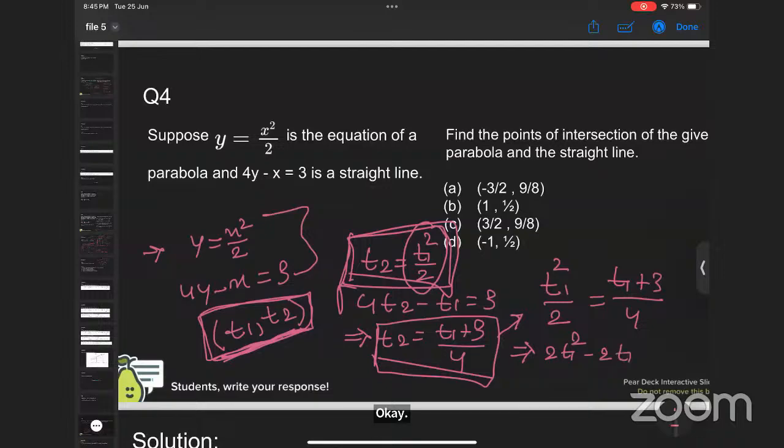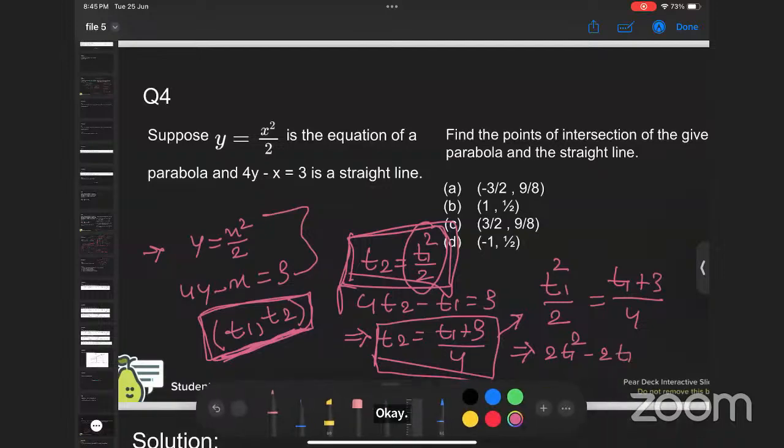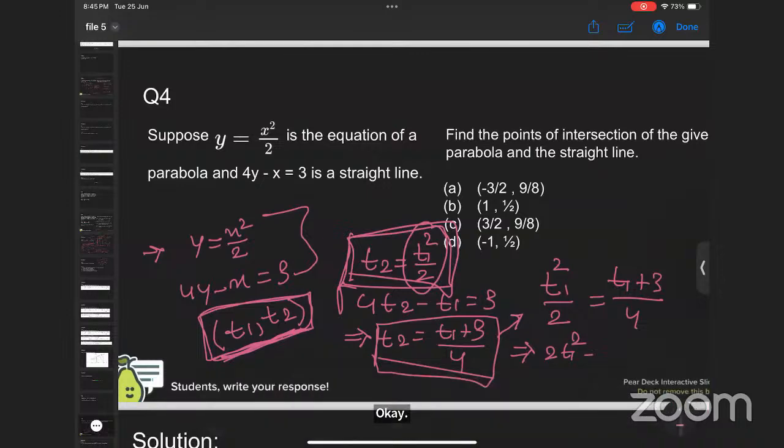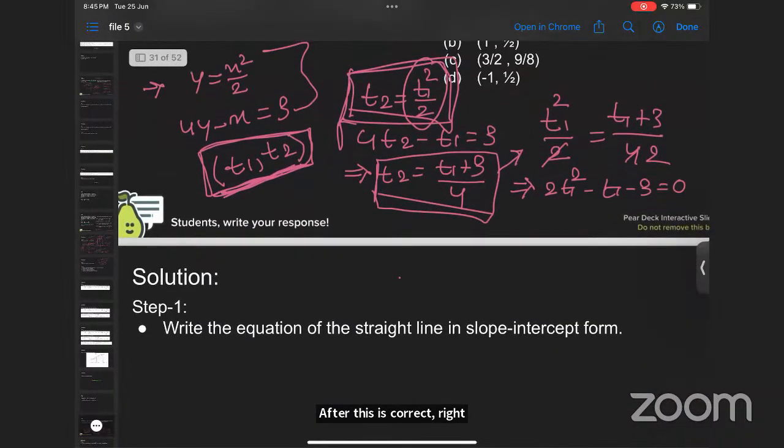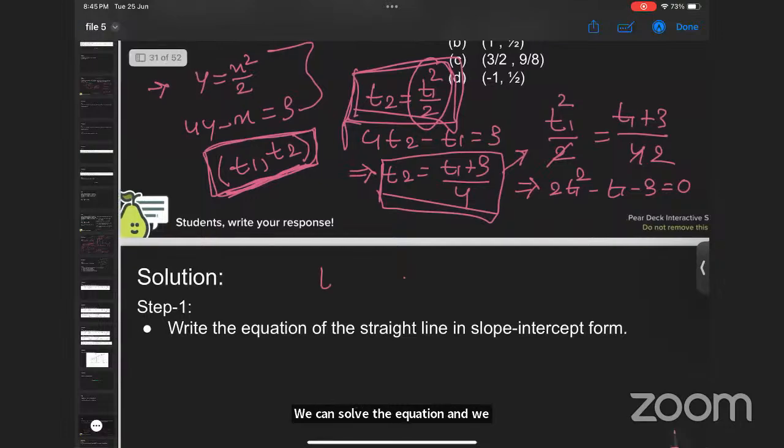We have the equation. Up to this is correct, right? We can solve the equation and we can find the value of T1. So from here, we can solve the value of T1.